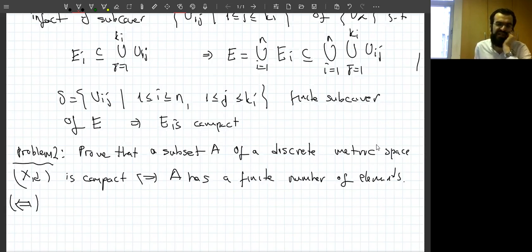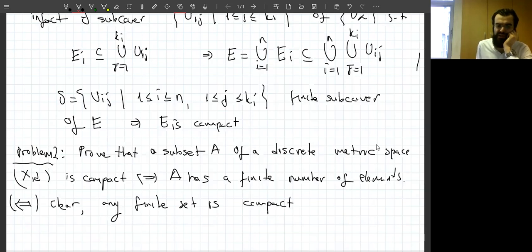But the implication that the right-hand side implies the left-hand side is obvious, clear, as any finite set is compact. This is done in class, as far as I remember.